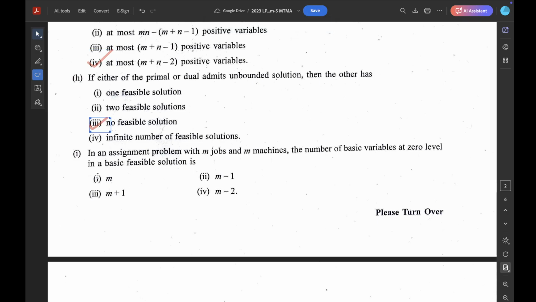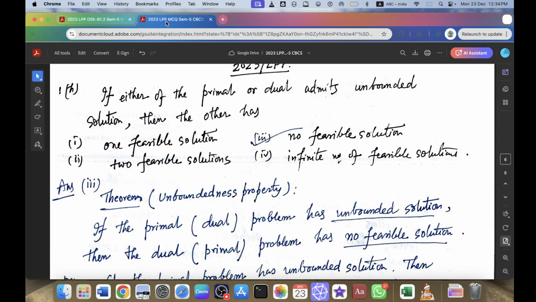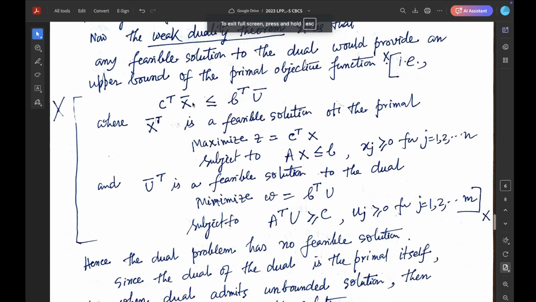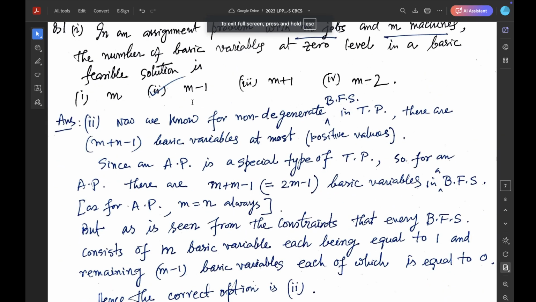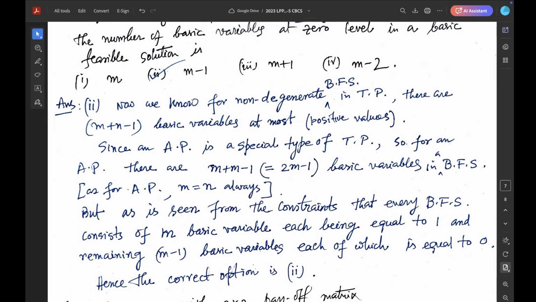Question 1I. In an assignment problem with m jobs and m machines, the number of basic variables at 0 level in a basic feasible solution is: option 1, m; option 2, m minus 1; option 3, m plus 1; option 4, m minus 2. Now we know that for a non-degenerate basic feasible solution in a transportation problem, there are m plus n minus 1 basic variables.